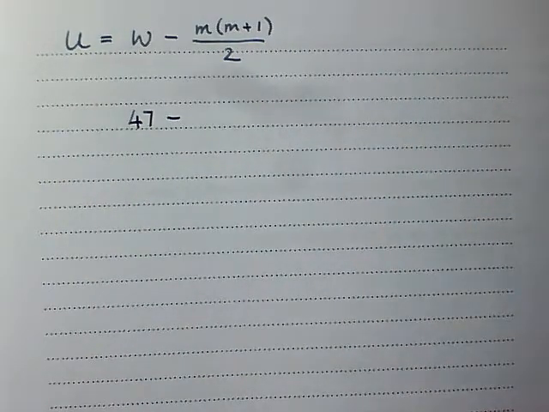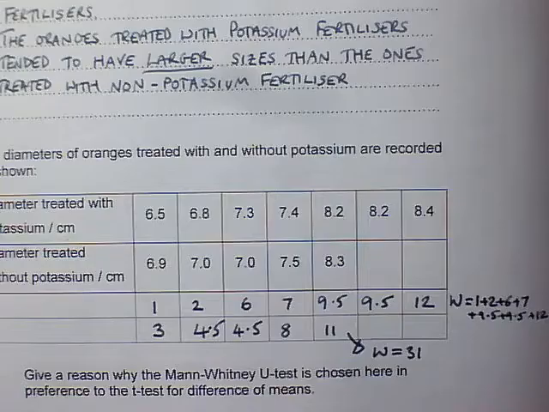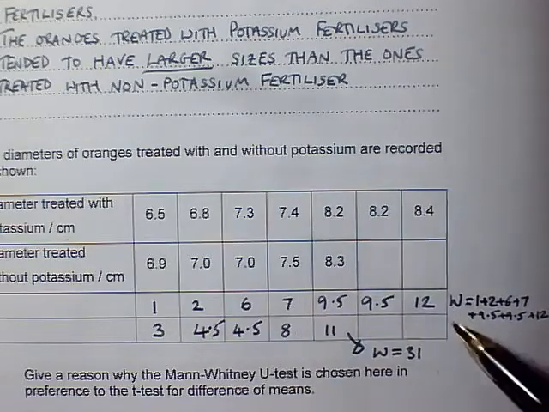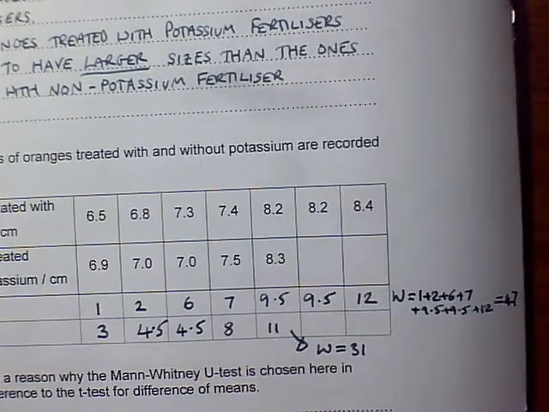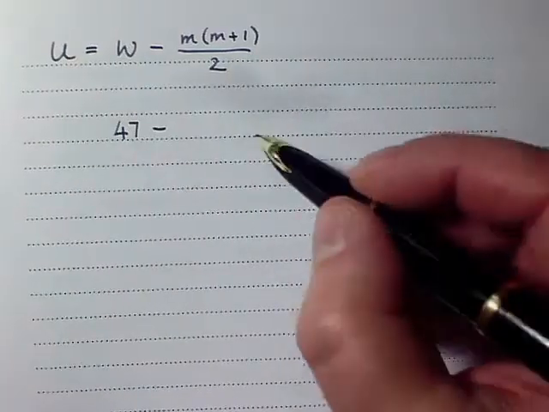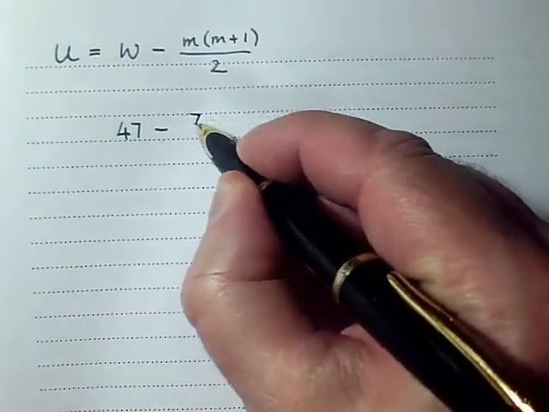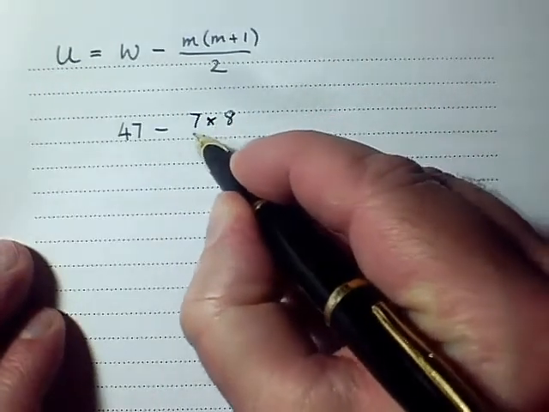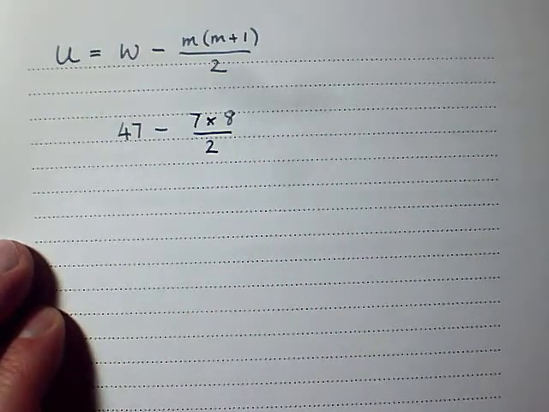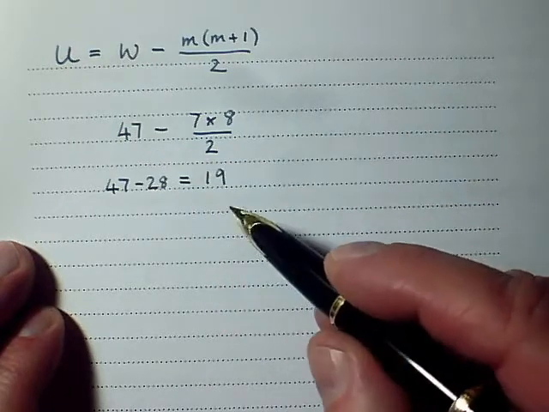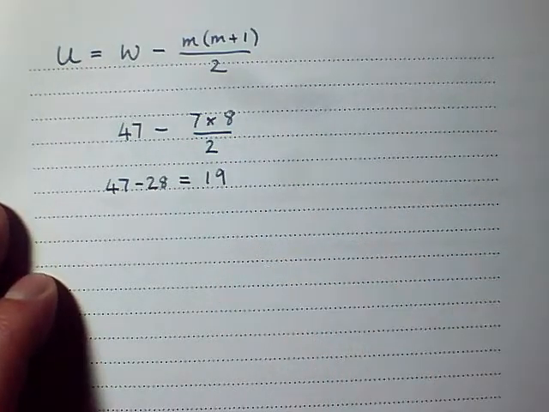So we had 12 values altogether, but there were 7 values in this particular subgroup that led to the W value of 47. So with M equaling 7, I can do 7 times 8 divided by 2 and take that away from 47. So I get a U test statistic of 19.